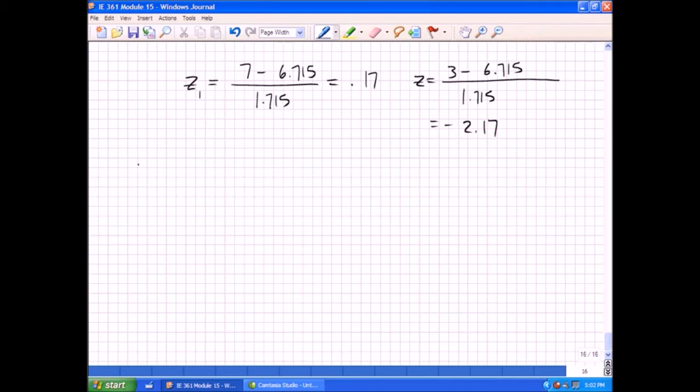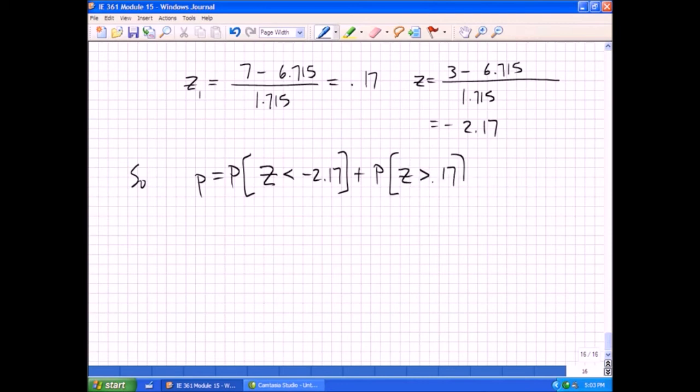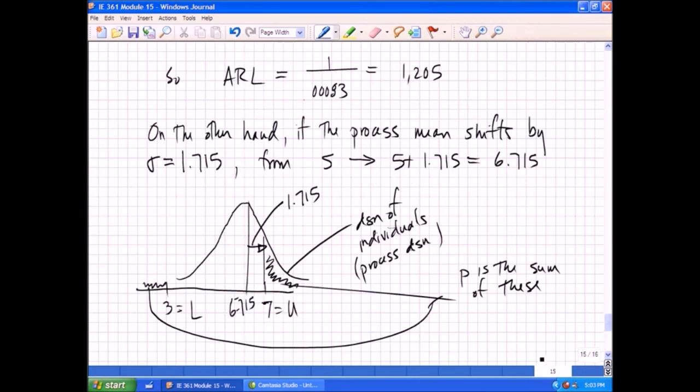Okay, so that means that the fraction out of specifications is the probability that a z value is less than minus 2.17 plus the probability of getting a z value bigger than 0.17, and you can check that that is about 0.4475.